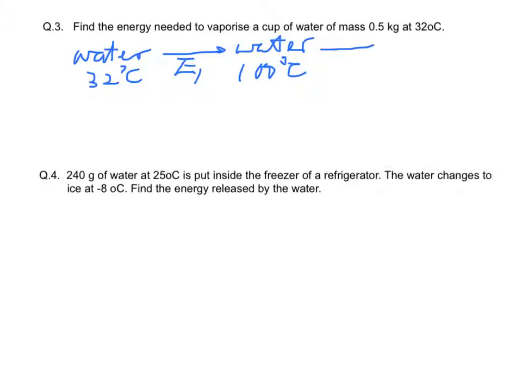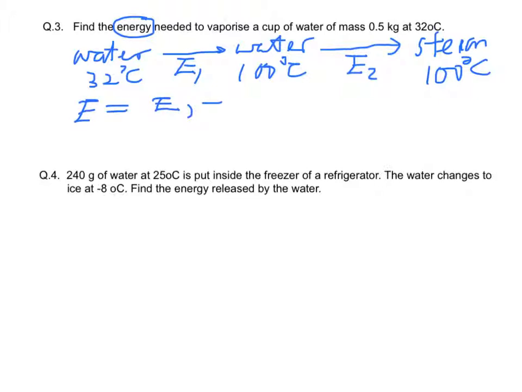Next, additional energy E2 is needed to vaporize all the water to steam at 100 degrees Celsius. Therefore, the energy needed is equal to E1 plus E2, which is equal to, for E1, mc delta T, for E2, mL, for vaporization this is Lv.